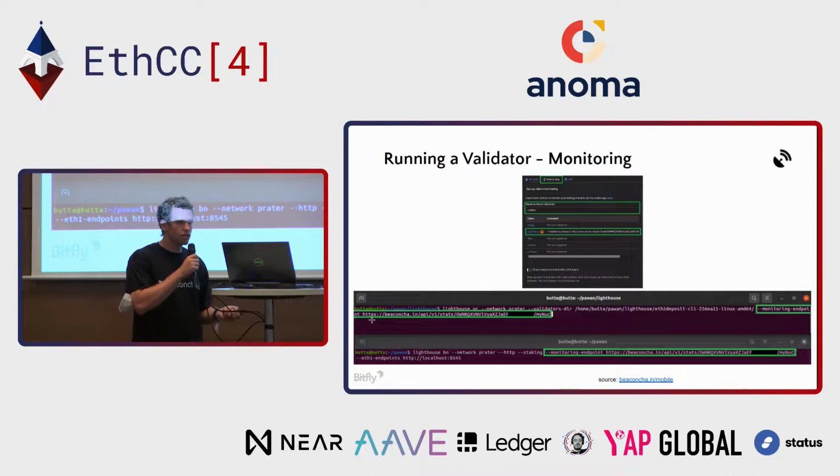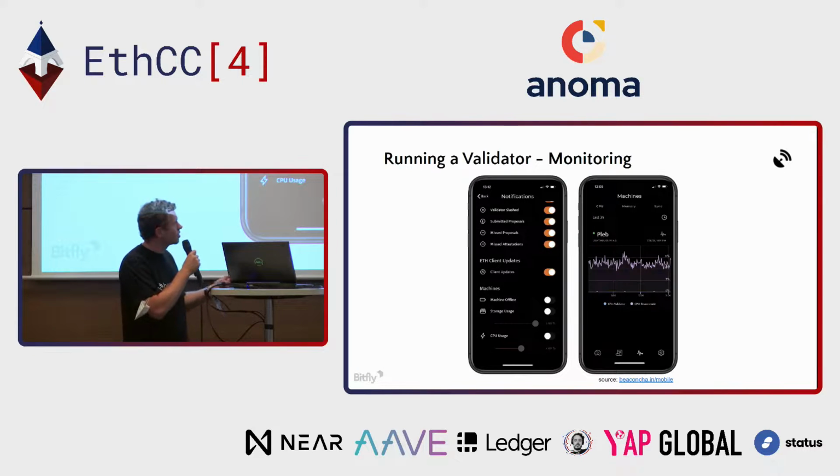If you add it, you can get the metrics of your validator and of your hardware straight away in the app. You can also add notification settings. So if the node that you're running does not have enough storage anymore, you get a push notification. It's really easy to set up with just one flag.